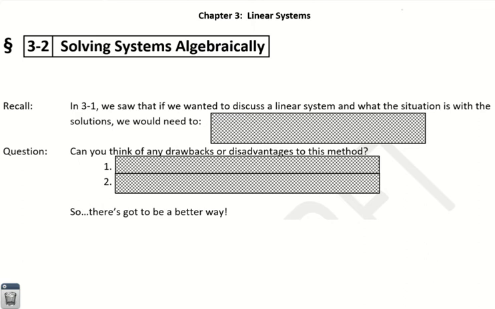Right away, some recall: in 3.1 we saw that a system of two linear equations would have either one solution, if the graphs of the lines were destined to cross at one point, which is most of the time, or no solutions at all, or infinitely many.